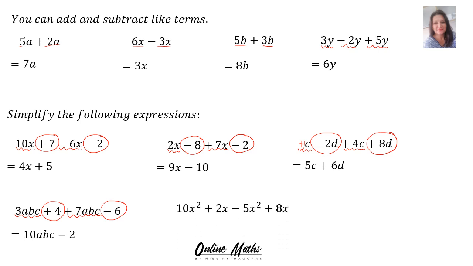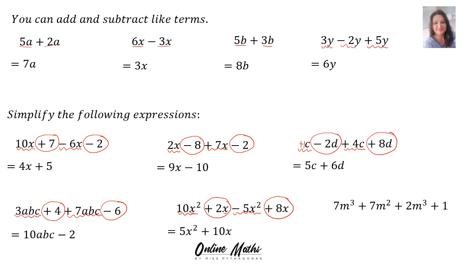Now we've got x squared and x. Let's see, where are the other like terms? They are 10x squared minus 5x squared is 5x squared, and then the terms that contain the x, plus 2x plus 8x is 10x. Let's look at this one.